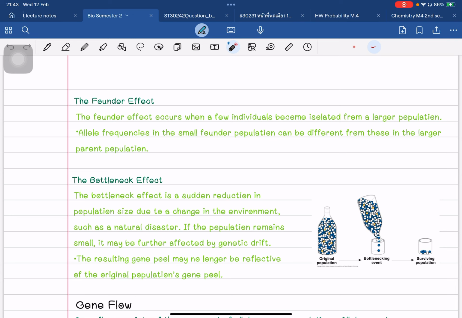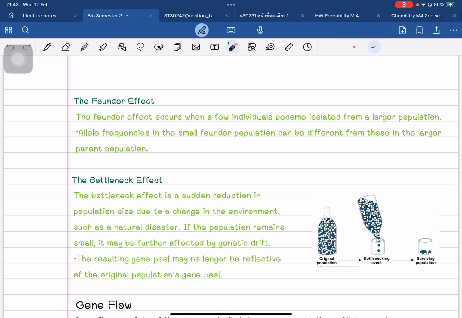Another one is the bottleneck effect. The bottleneck effect is a sudden reduction in population size due to a change in the environment, such as natural disasters, or for example with wild animals like cheetahs. There are rich people who like to kill cheetahs, which can also cause a bottleneck effect.